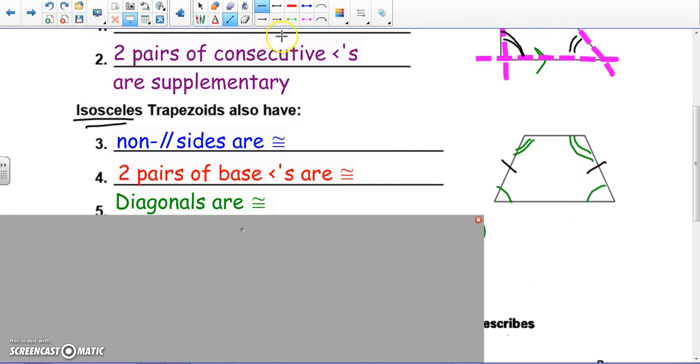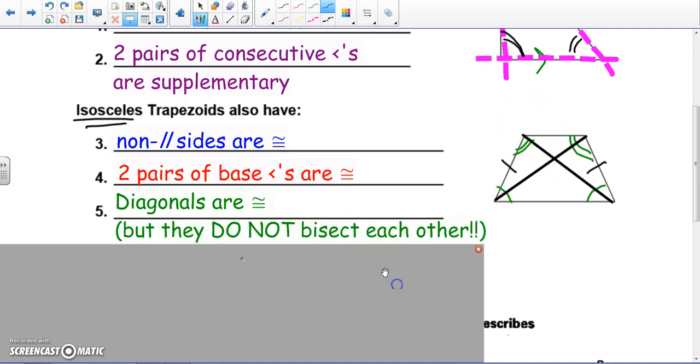So the diagonals are congruent. Notice though, do those look equal? Does it look like they bisect each other like we talked about in class? You can use the picture. I know I always say it's not drawn to scale, but you can use it as a guide. These diagonals are congruent, but they do not bisect each other.